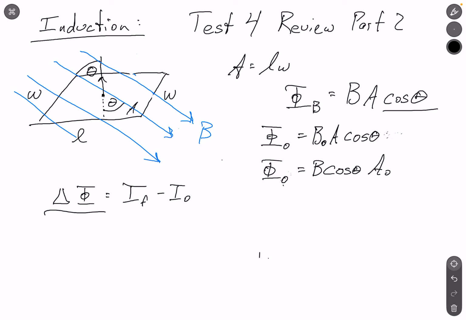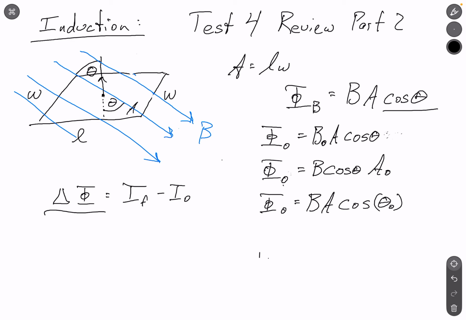So this would be the original area. And then our third one, so this is all ways that you could have an initial phi naught, okay? We could have that the B field stays constant, the area stays constant, but the angle changes. So we would be cosine of theta naught. Okay, so those are three ways.